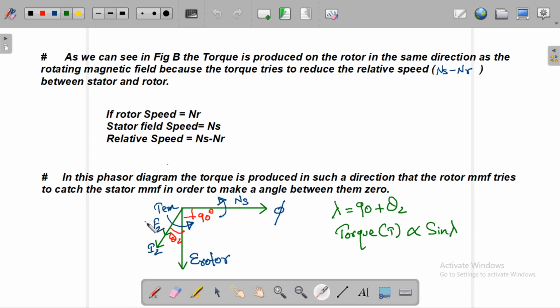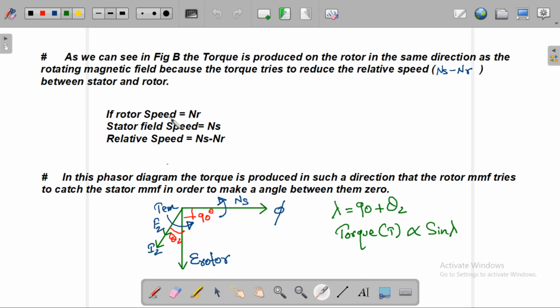As we can see in the GIF of the rotation of an induction motor, torque is produced on the rotor in the same direction as the rotating magnetic field, because the torque tries to reduce the relative speed between stator and rotor.